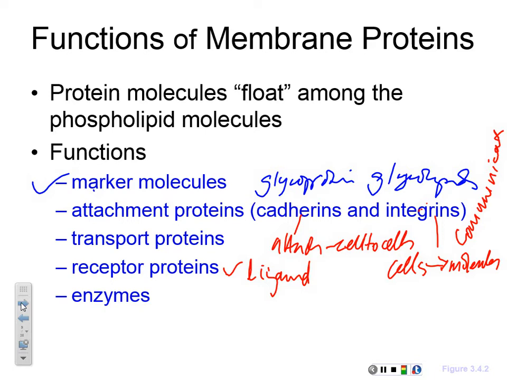And all these are usually transmembrane, which means they will span the width of the hydrophobic bilayer, lipid bilayer. All right, and then a bunch of them are enzymes.